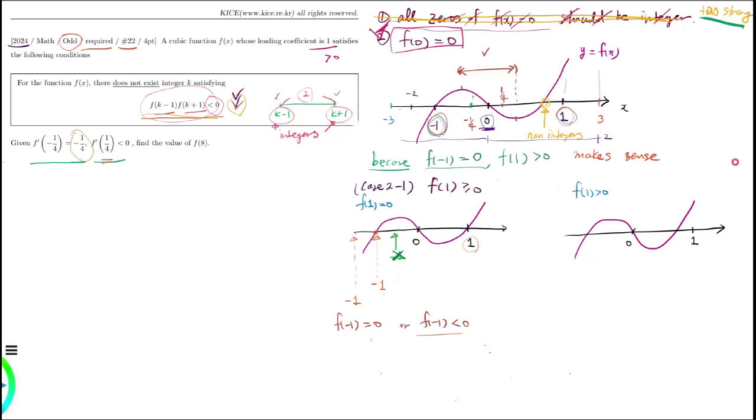And for the case of positive f of 1, its partner value is negative 1 here. So the value of f of negative 1 could be positive, or it could be 0.